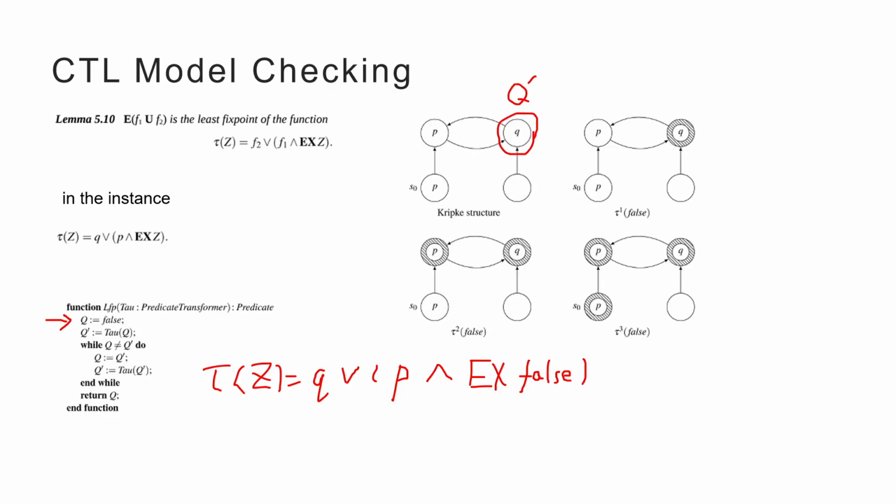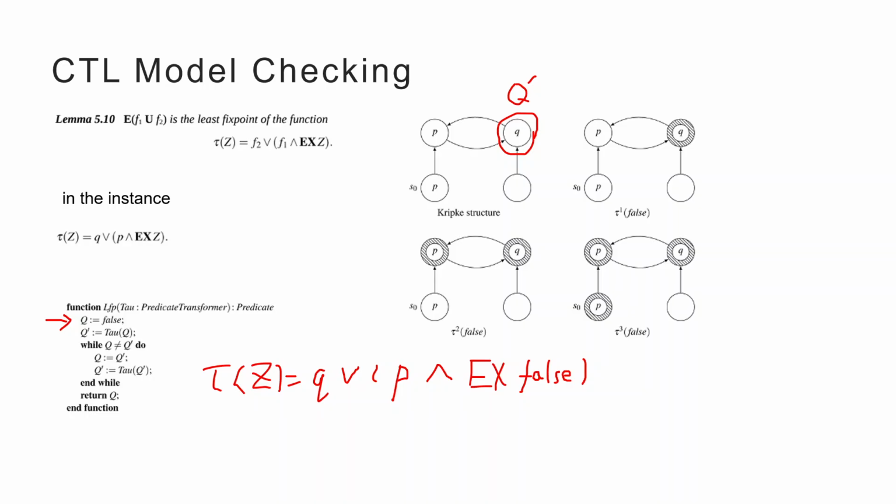First, let's look at the Kripke structure in the top left corner. We start with the empty set, and after applying the function tau, the resulting set should include all states that satisfy Q, or satisfy P and have a successor in the set that satisfies false.